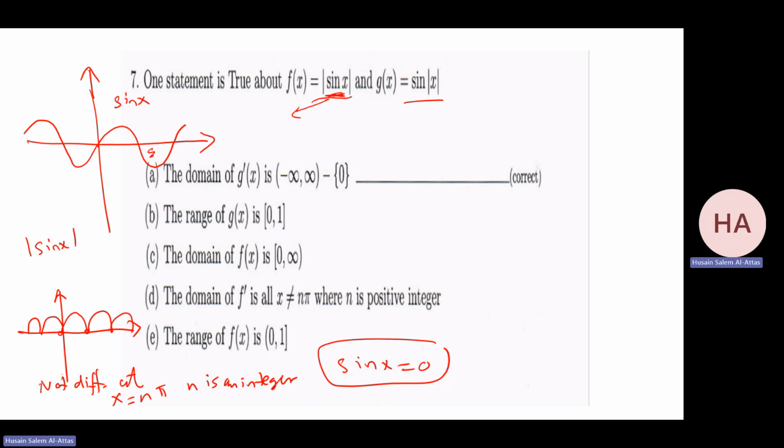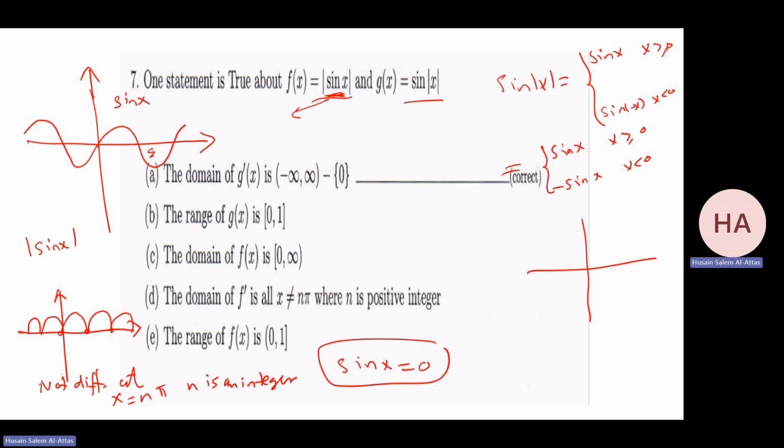How to graph this function, sine of absolute value of x? You can think of it as sine x, if x is positive, sine minus x, if x is negative. You can put the equality here or there, no problem. In other words, it's sine x if x is positive, minus sine x if x is negative.